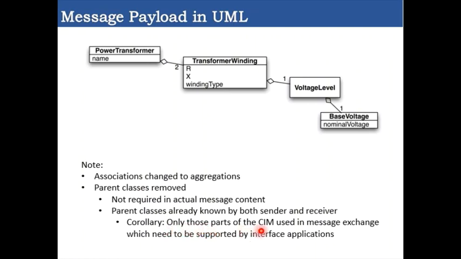Only those parts of the SIM will be utilized in the message payload which need to be supported by the interface applications. Here the interface application requires the transformer name, RX value, and the voltage level. That's why we have only connected those classes which require the parameters to be exchanged with the receiving end application.